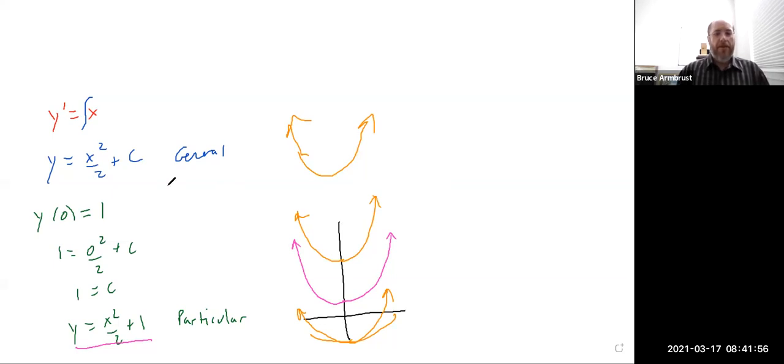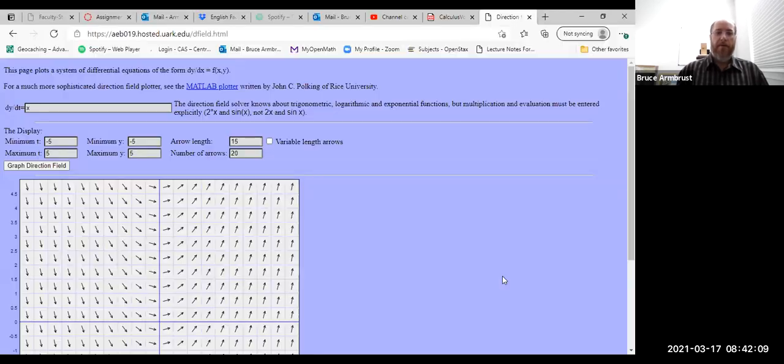Okay, so this one's easy to solve. We got it. Now, let's go back and actually look at that direction field map. This guy right here. So first of all, let me explain what all these different arrows are.